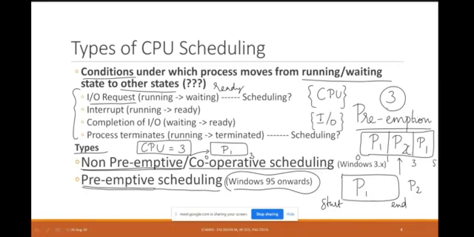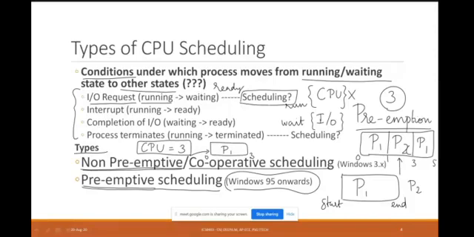When it is doing IO processing, the CPU is not needed, so it will go from my running state to my waiting state. Whenever I use the CPU, that is when I will be in my running state.